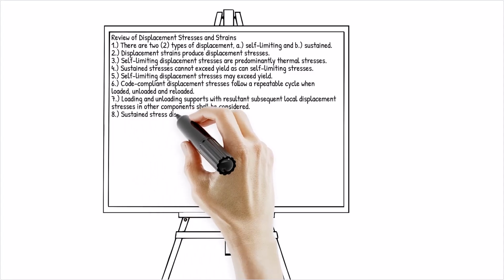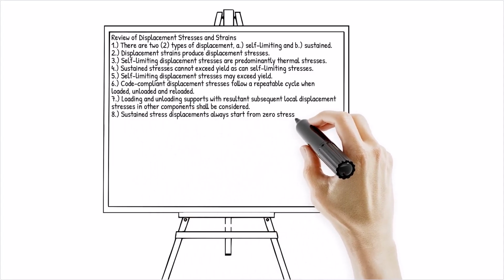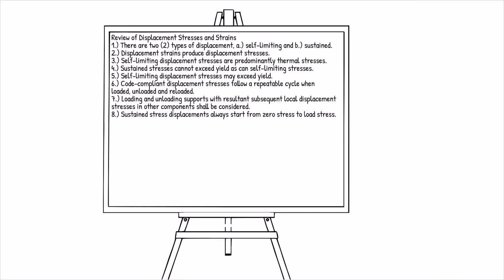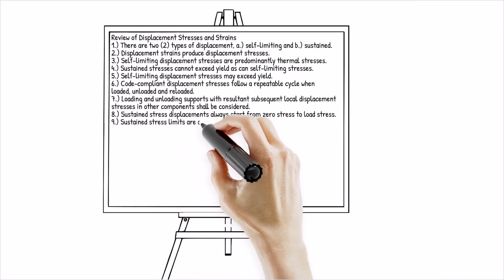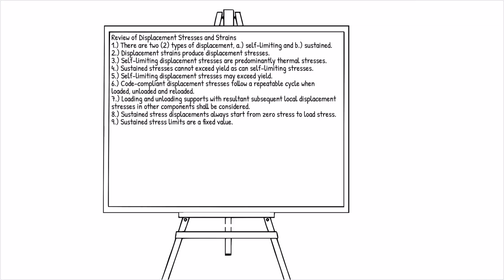We also saw that where sustained stress displacements always start from zero, no load, and progress to a load stress state. As such, since anything minus zero is just anything, sustained stress limits are a fixed value.